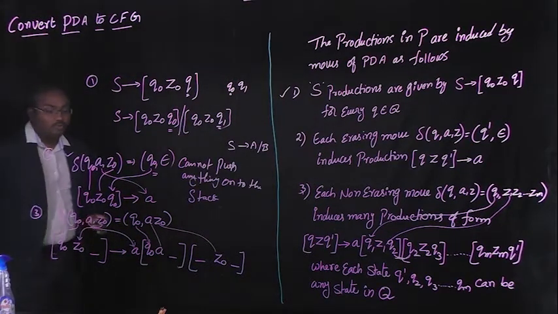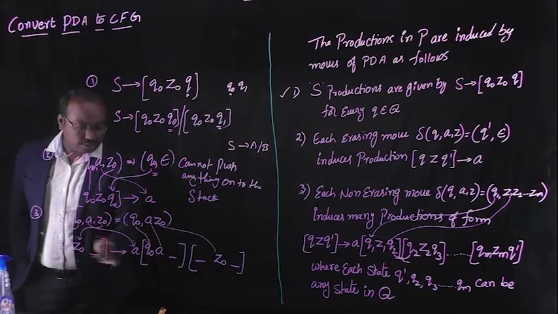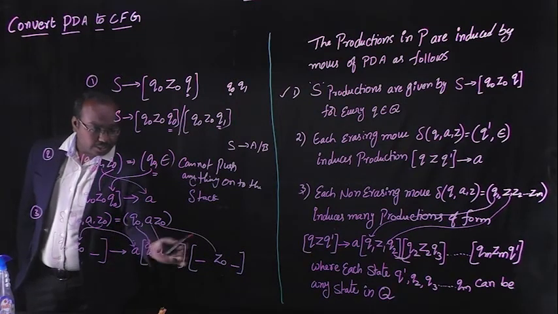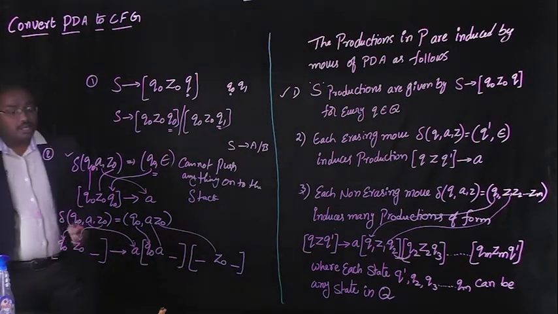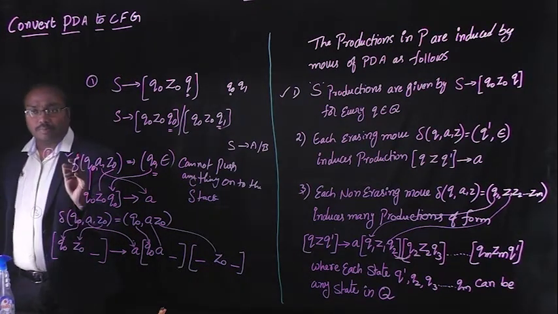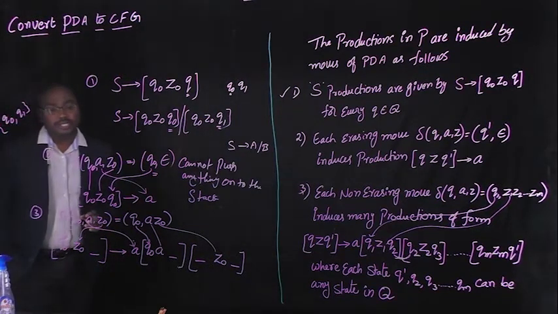So then how to fill these empty places? What are the states that will be written in these places? Here for example, in this PDA machine, I am taking two states, for example q0 and q1. So these are the two states for this PDA machine.